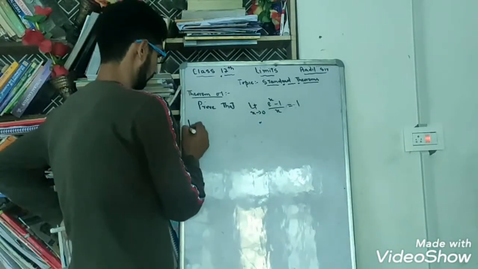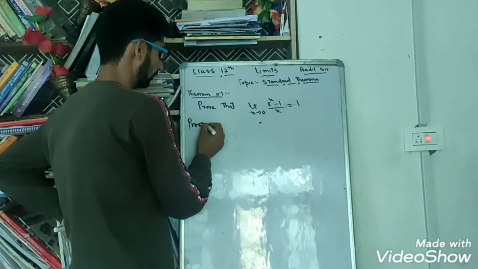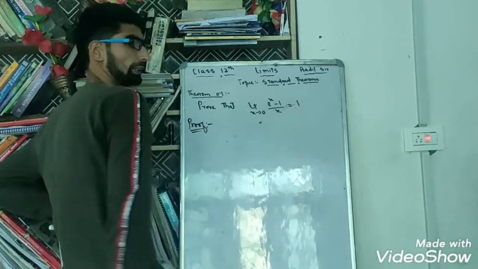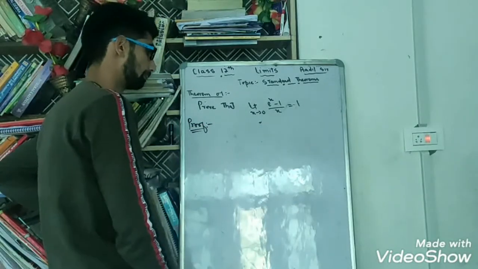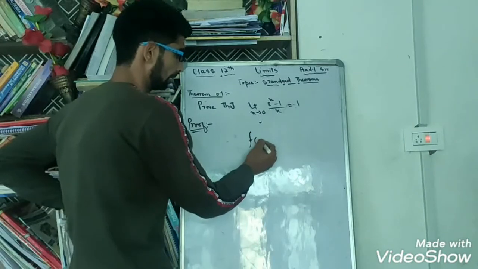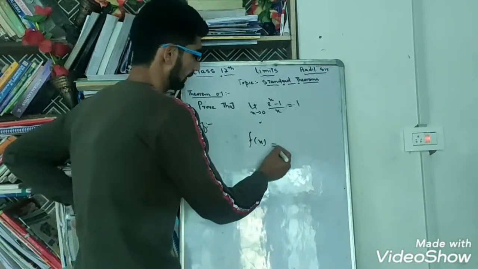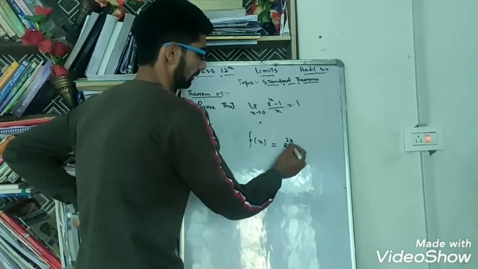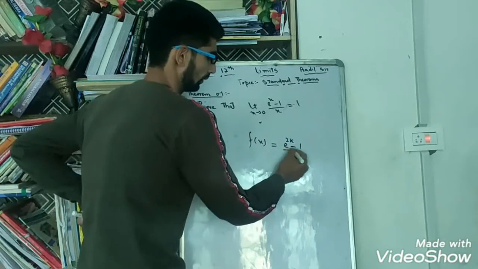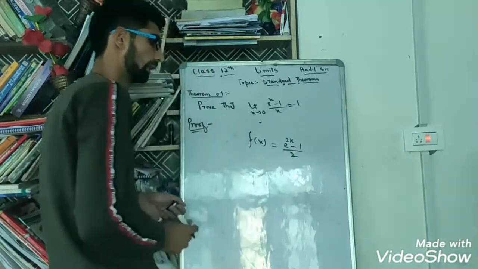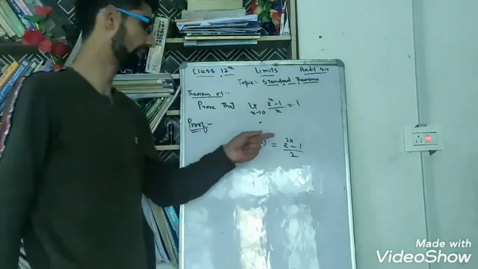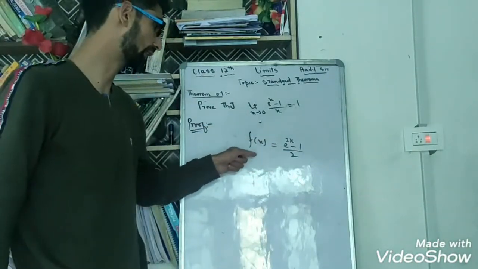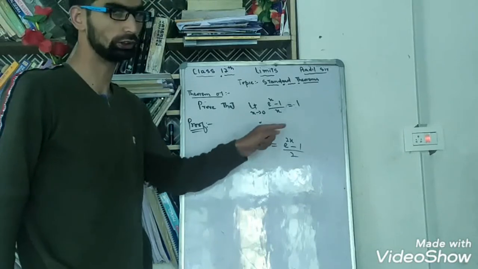We will give its proof, but before that we will try to find out the application of this theorem beta. If we have a function equal to (e^(2x) - 1)/2, and I have to find the value of this function when we are approaching x to 0.